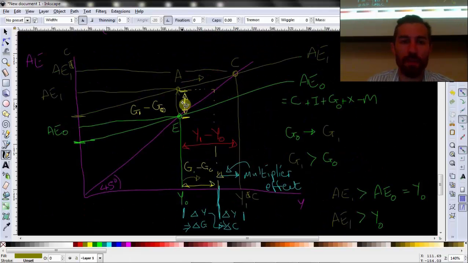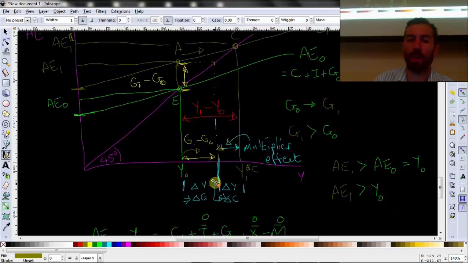The increase in government spending itself, if output just increases to match that increase in government spending, so from point A I just draw a horizontal line to our 45-degree line and then down to our x-axis measuring output, we would have this increase in output given by this yellow distance.